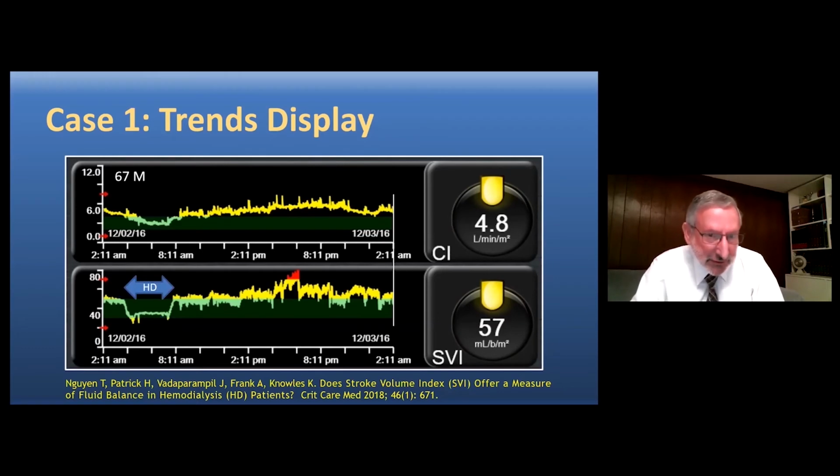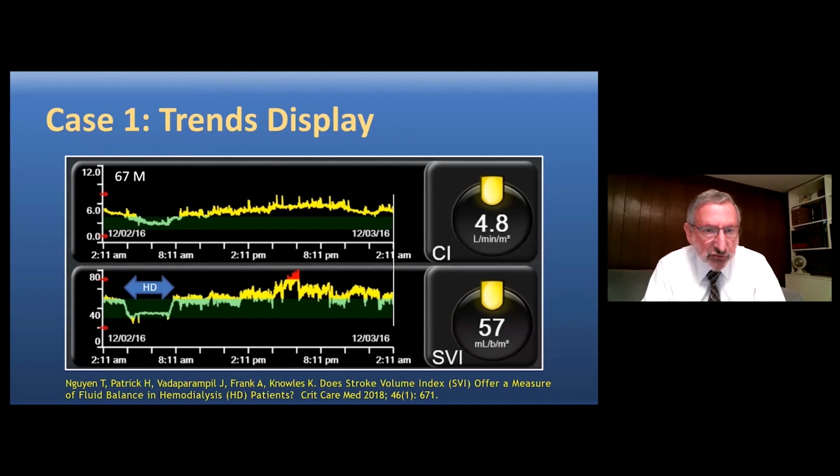This is cool, because you can follow your patient's hemodialysis with ultrafiltration and have the nurse work with the dialysis nurse and say, doing good, goal of 2 liters, keep going.